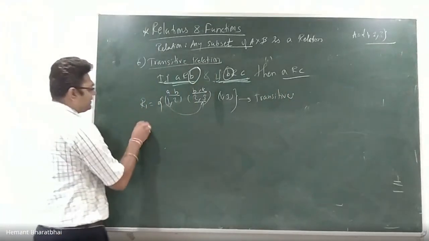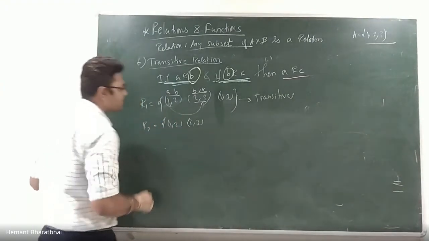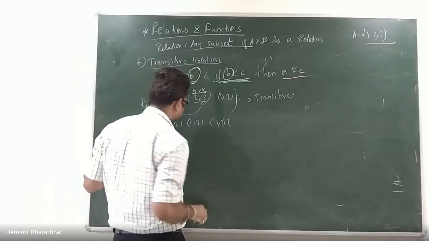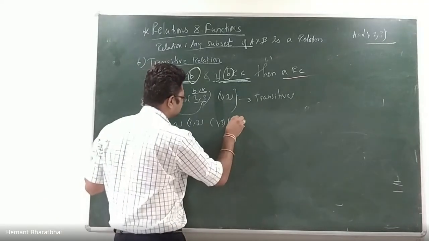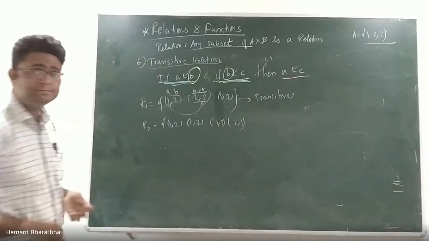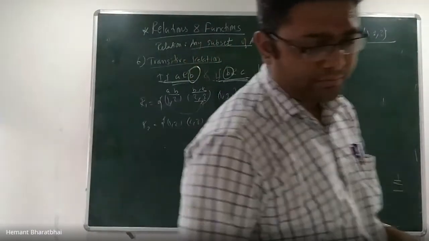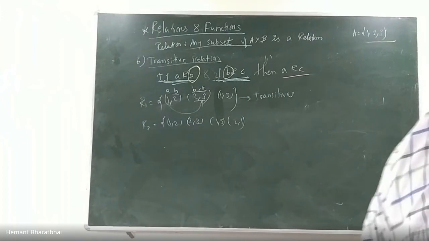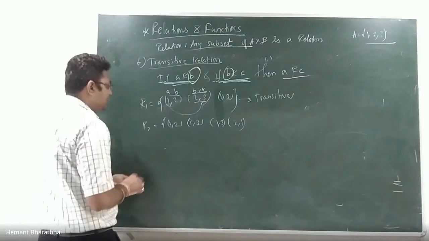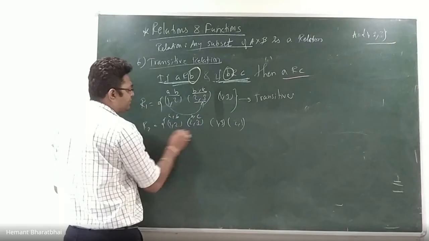Let me take one more example. So now I have written some more elements, so more combinations, so more A's and B's, and you have to think about all of those A's and B's. Now, if this is my A, this is my B, this is my B, this is my C, then A and C should be present.